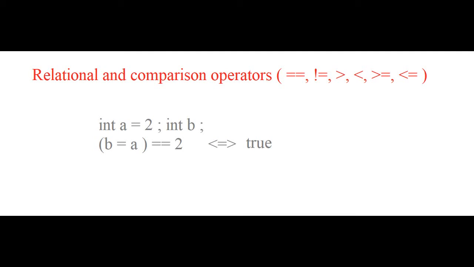So b equals a means the value of a goes into the value of b, and the value of a is 2, so 2 goes into the value of b. Then b equals 2, equal to 2, that is true, because b equals a leads to b equals 2, and is it equal to 2? Yes, it is, so it is true.